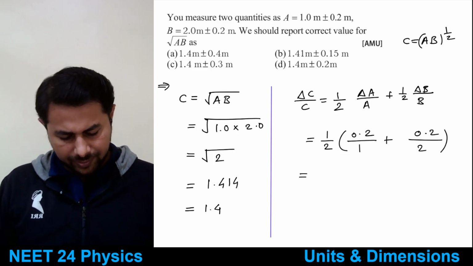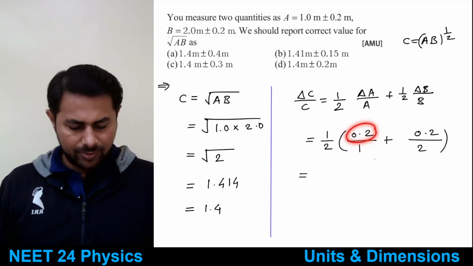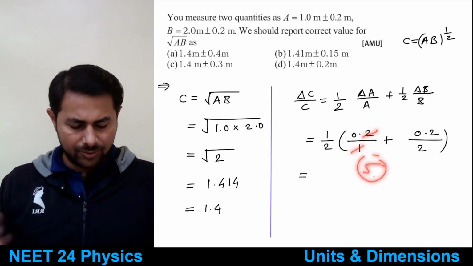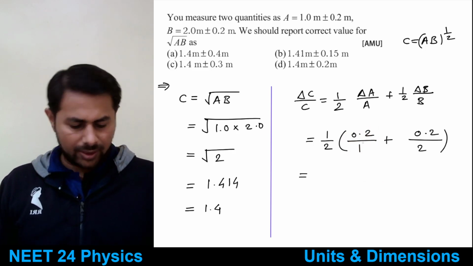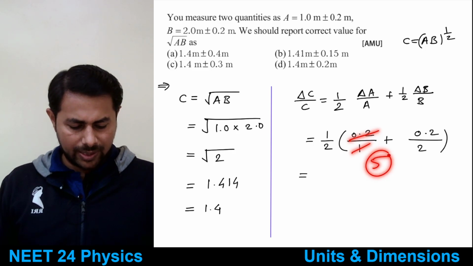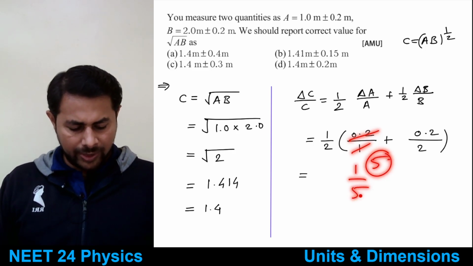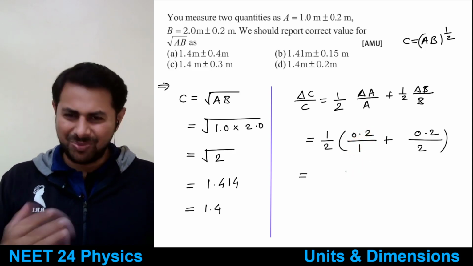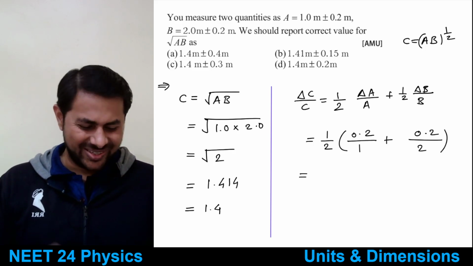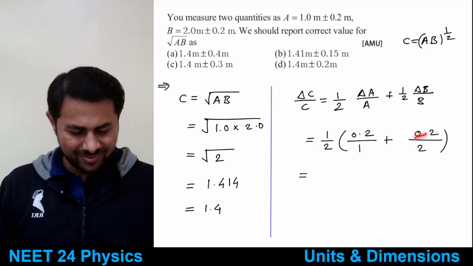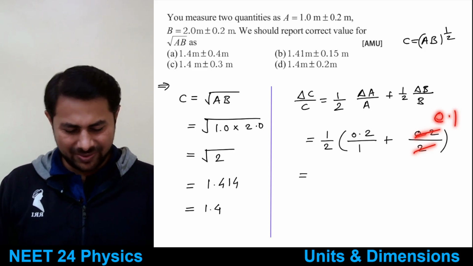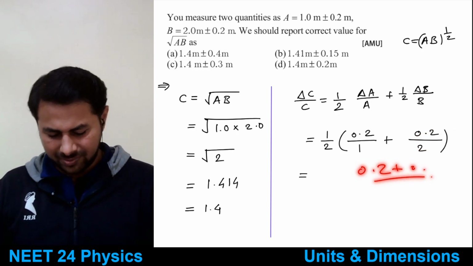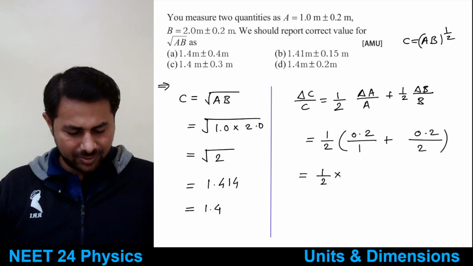So what's that? 0.2 by 1. So 1 divided by 0.2 is 5, right? So 1 by 5. So that is 0.2 only. All right, 0.2 by 2 is what? This thing is 0.1 only. Okay, so this is 0.2 plus 0.1 is 0.3. So 1 by 2 times 0.3.